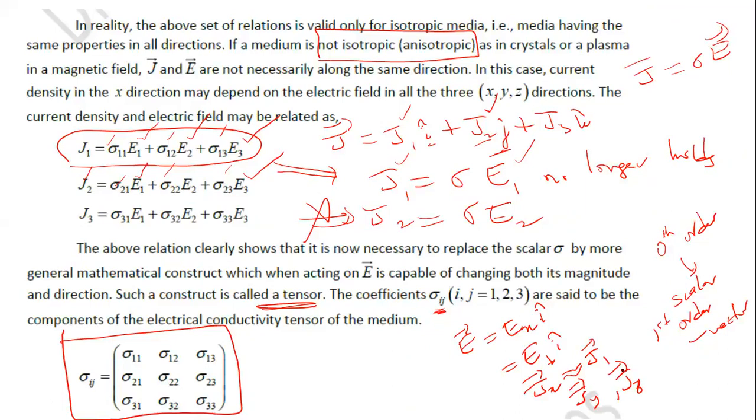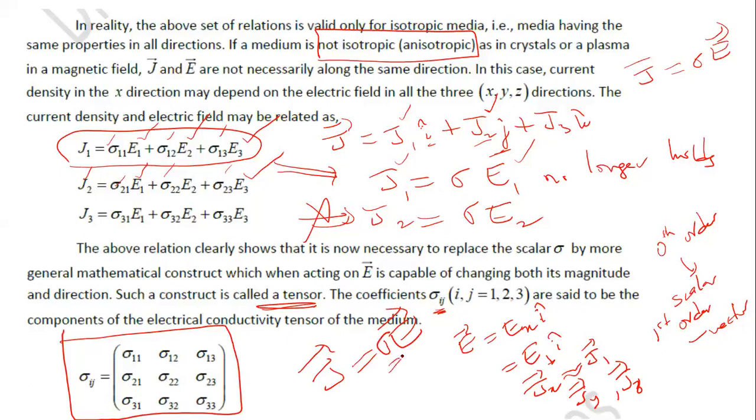So in such anisotropic crystals, you no longer have a simple relation between electric field and current density with a proportionality constant of sigma.